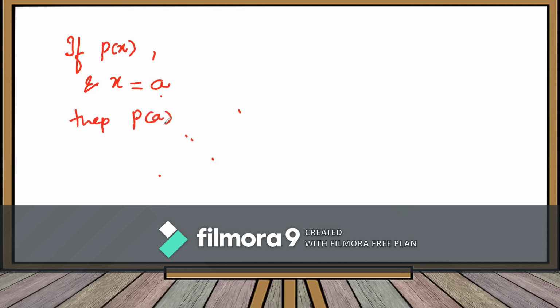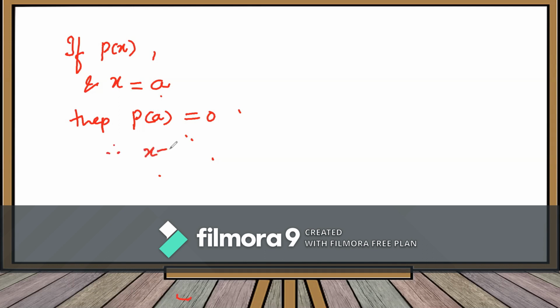So just to summarize, let there be a polynomial p of x. If the value of x is equal to a, then p of a will always be equal to 0.